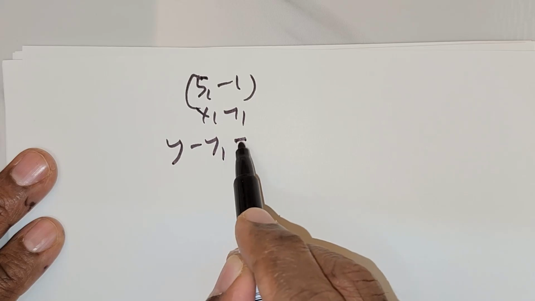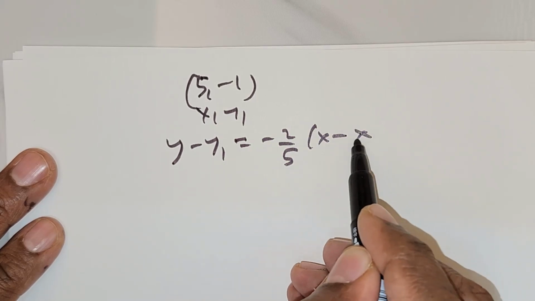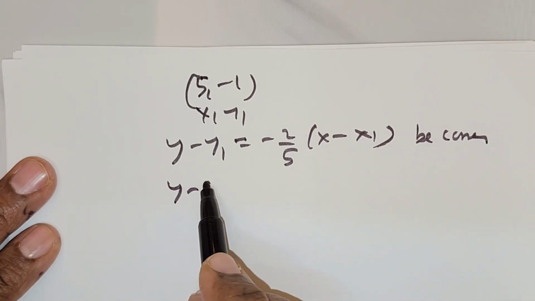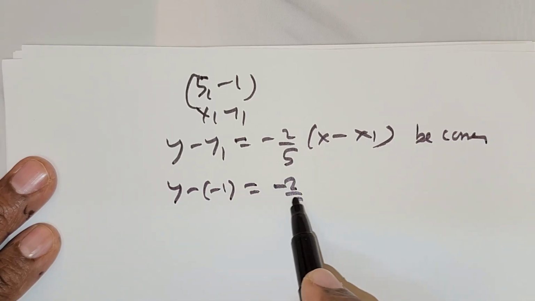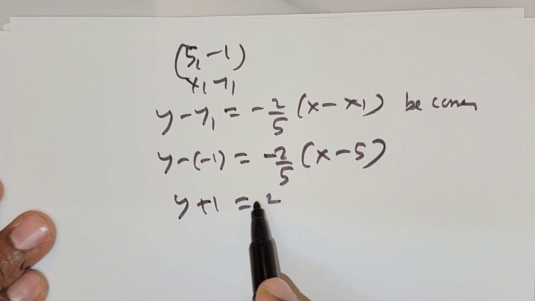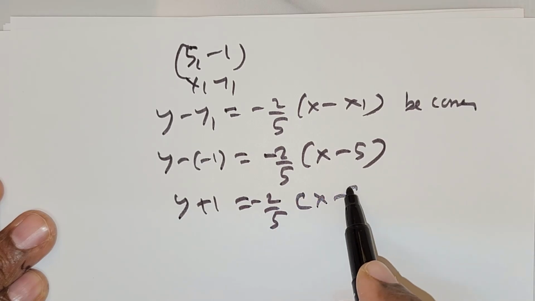So y minus negative 1 is equal to negative 2 over 5 times x minus 5. So y plus 1 is negative 2 over 5 times x minus 5.